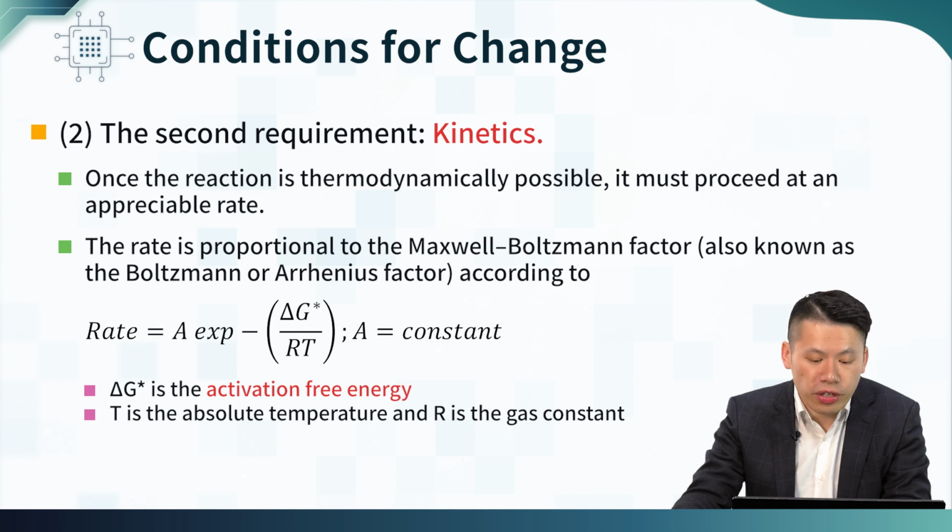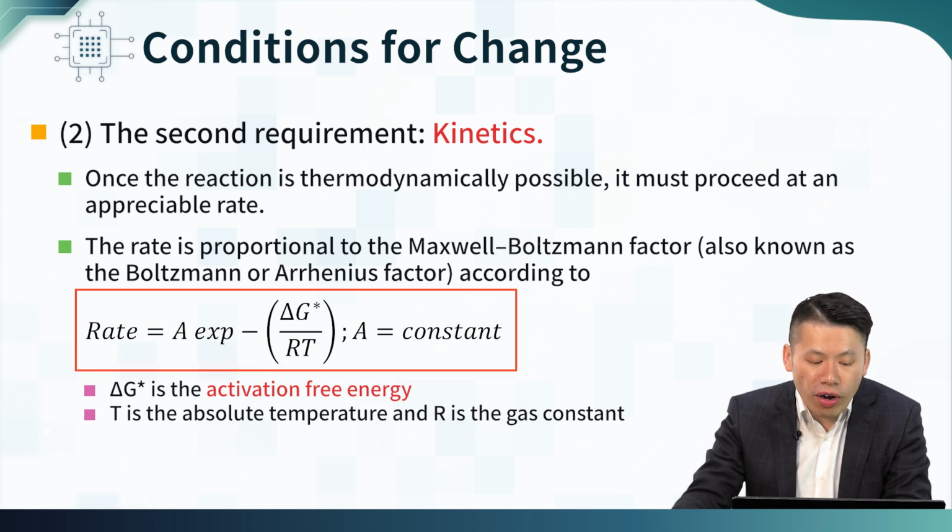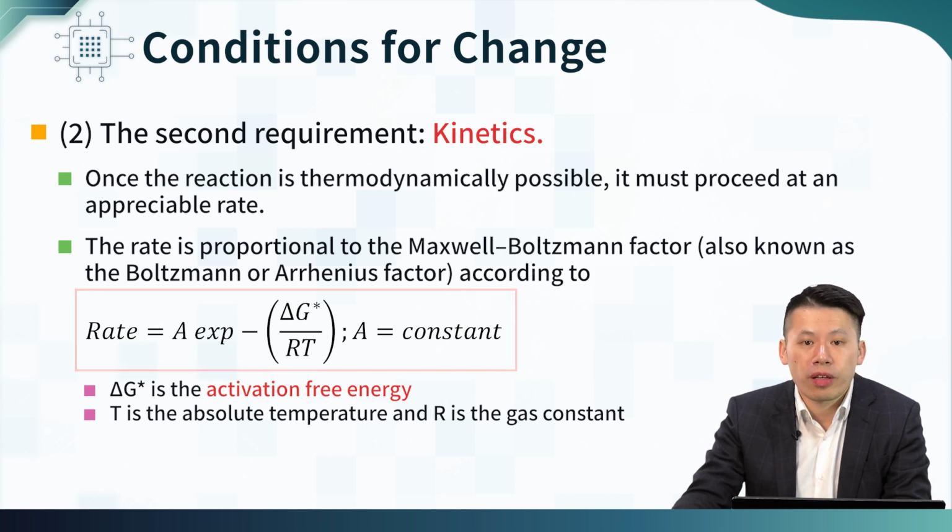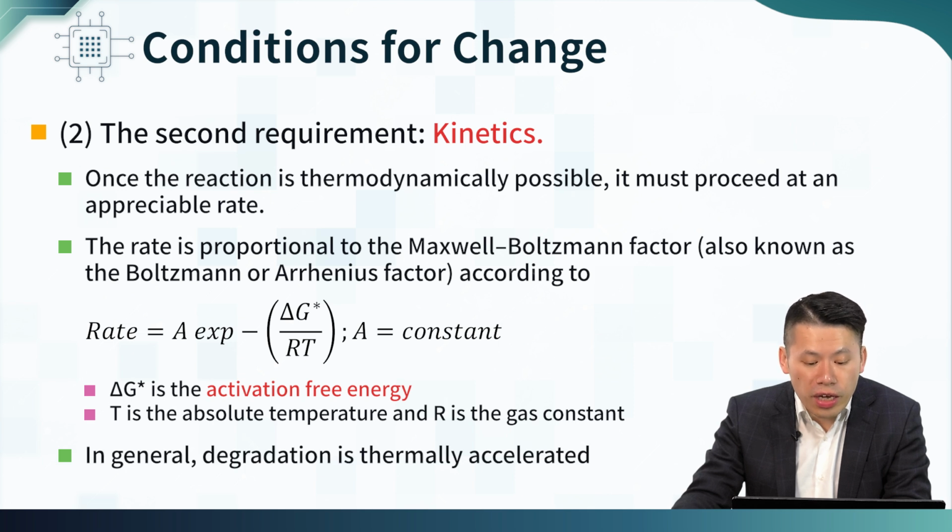The equation is expressed as follows: the rate is equal to a constant times the exponential of minus delta G over RT, where delta G is the activation free energy. From this equation, we can understand that degradation is thermally accelerated, which means high temperature always leads to faster degradation.